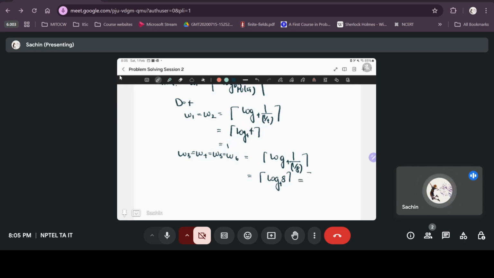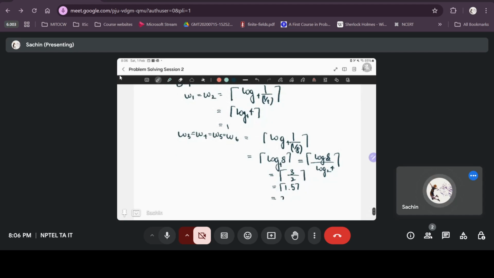It is nothing but log 8 base 2 over log 4 base 2, which is the ceiling of 3 over 2, ceiling of 1.5, which is 2. So the ceiling is important here, otherwise you would think that the length would be 1.5 instead of 2.